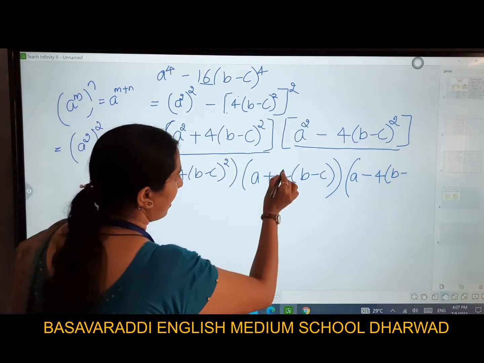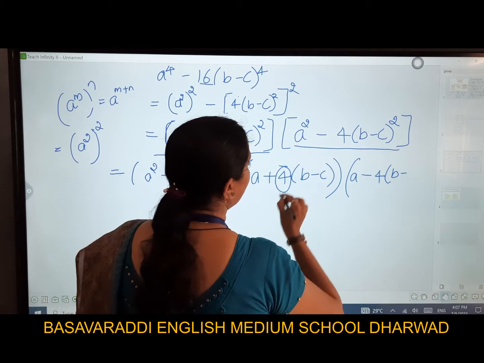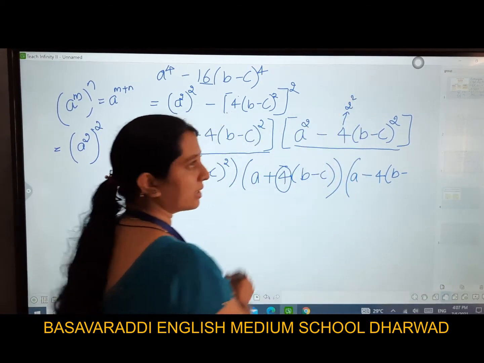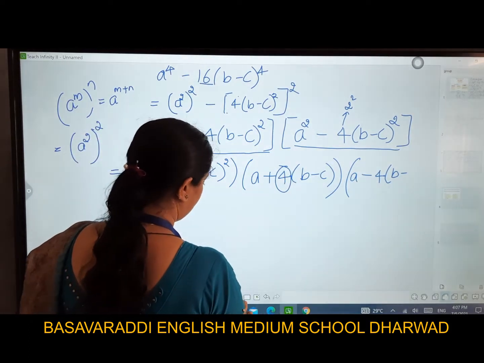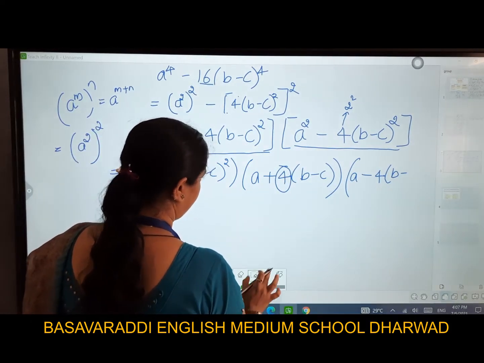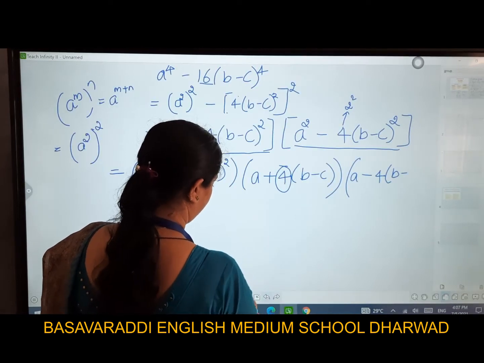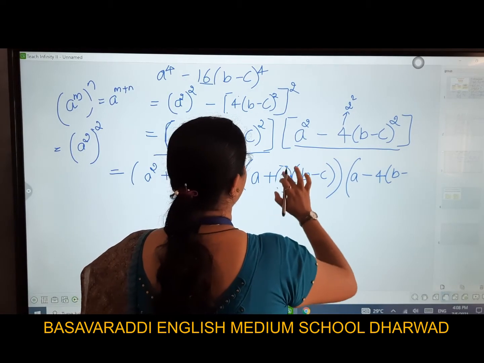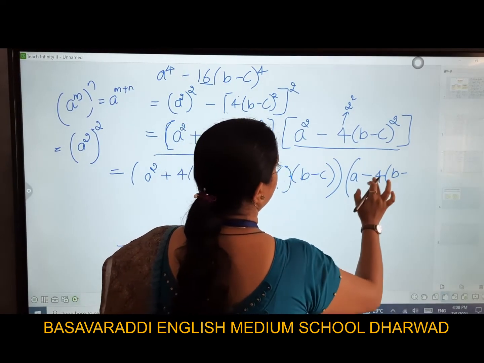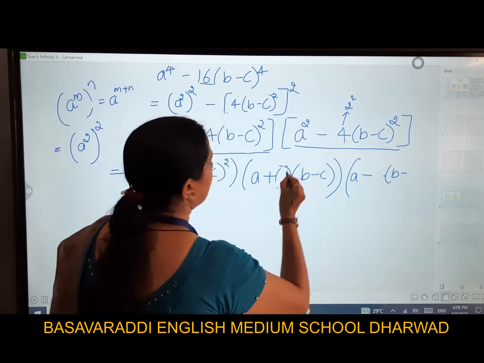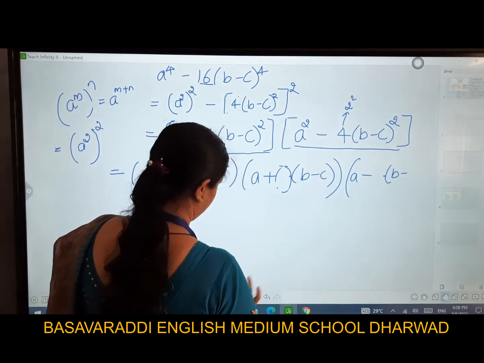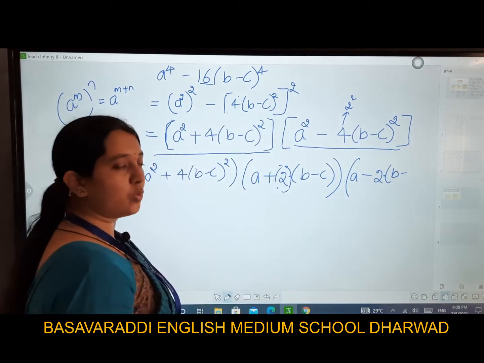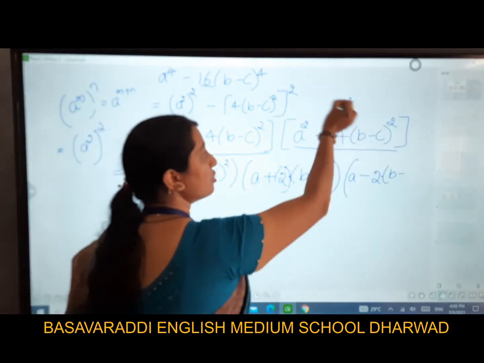Now I have written here 4, but we can write this 4 as 2 square also, correct? So I'll take it as 2 into b minus c, because 4 can also be written as 2 square.